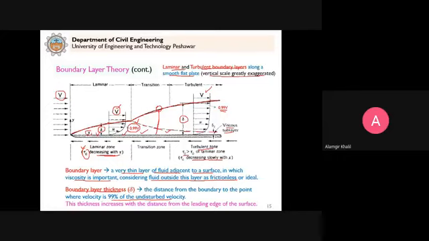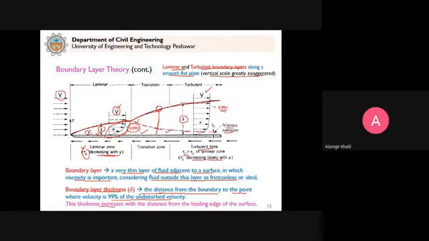Above that we have full velocity, so that is undisturbed. Below 0.99 v we have velocity gradients and the boundary layer effects are there. So this is how we define the thickness of the boundary layer: the distance from the surface to the point where the velocity is 99% of the undisturbed velocity.